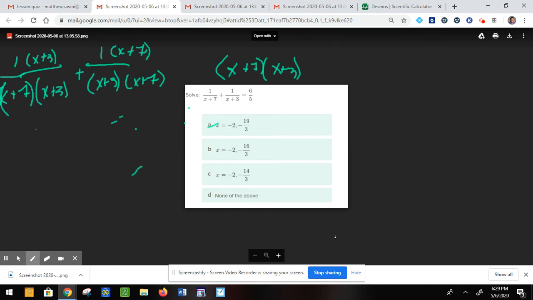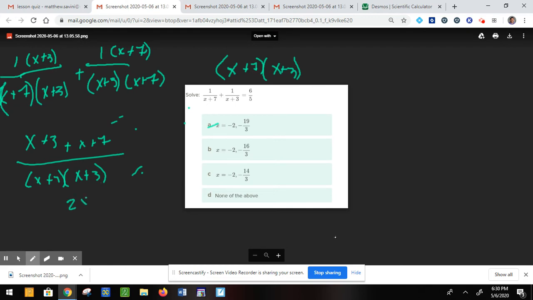So now you end up with one fraction: x plus 3 plus x plus 7 all over x plus 7 times x plus 3. Okay, and then you can just combine the terms in the numerator.